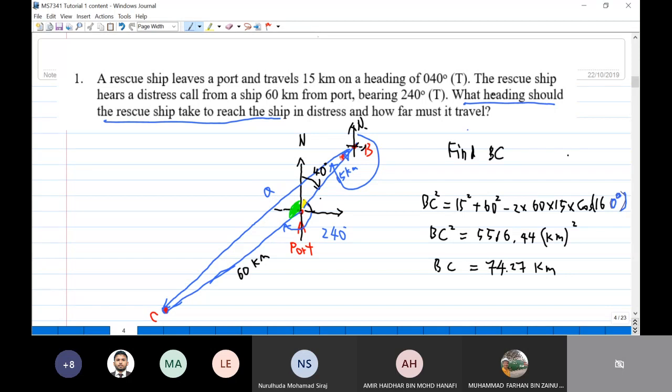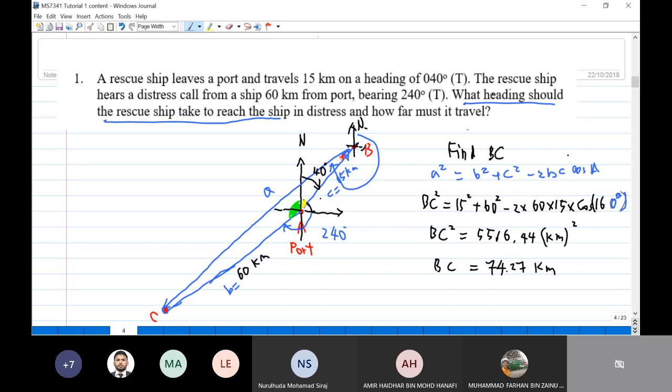So to find A, which is BC here, you can use the law of cosine. A square is equal to B square plus C square minus 2BC cosine A. So this is your B, opposite B here, and then this is your C, 15.